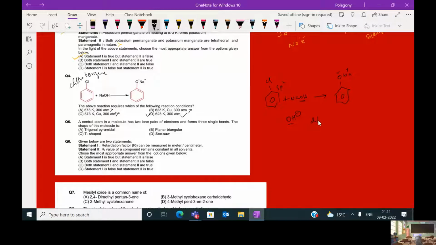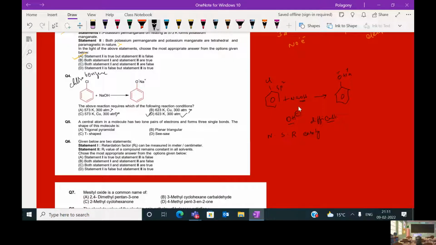Nucleophilic substitution is quite difficult. Aromatic halides do not easily undergo nucleophilic substitution reactions.